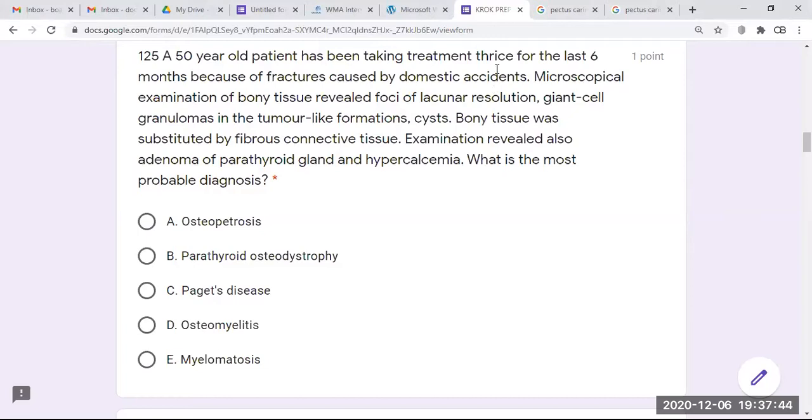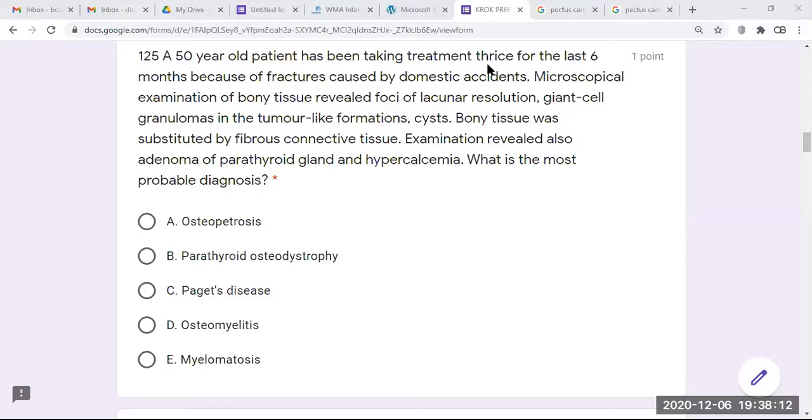Yeah, now I can. A 50-year-old patient has been taking treatment thrice for the last 6 months because of fractures caused by domestic accidents. Microscopical examination of bone tissue revealed foci of lacunar resorption, giant cell granulomas in tumor-like formations.